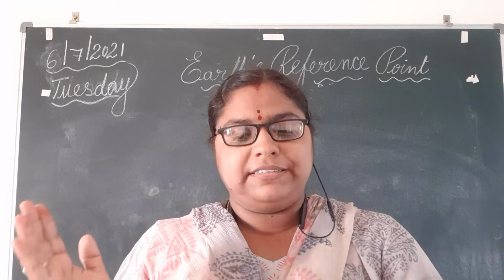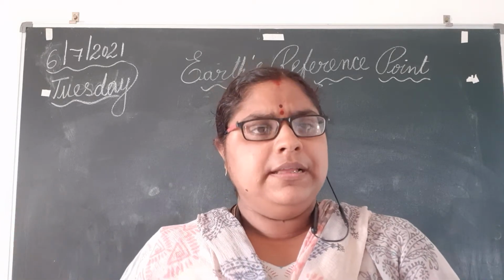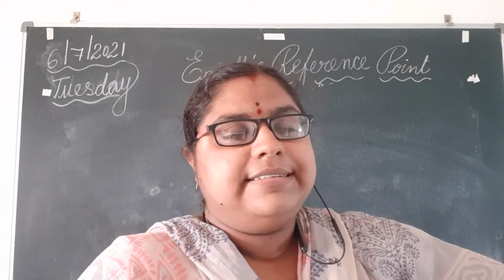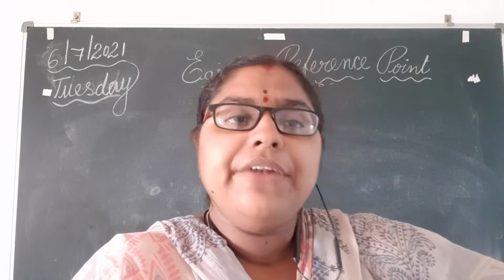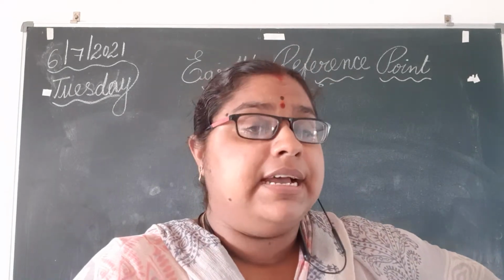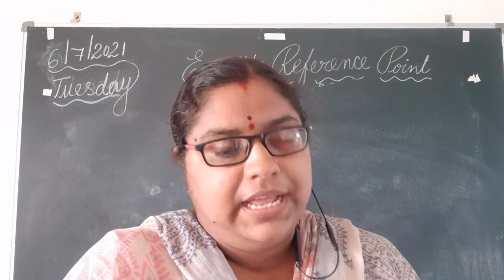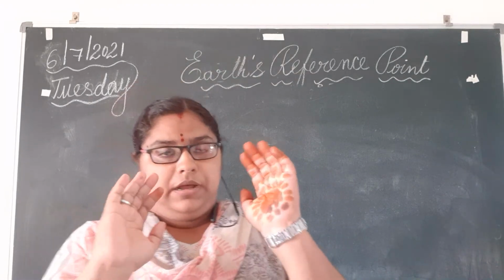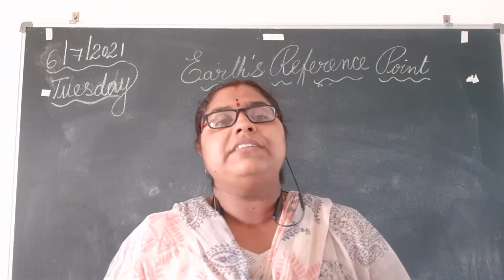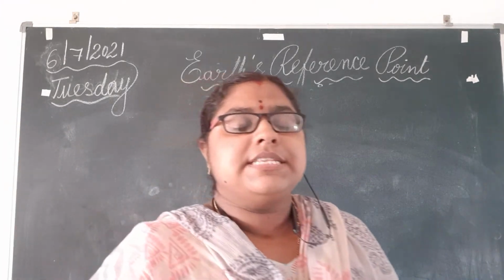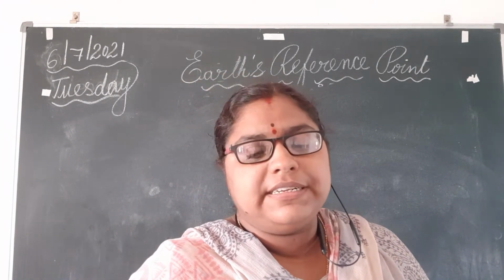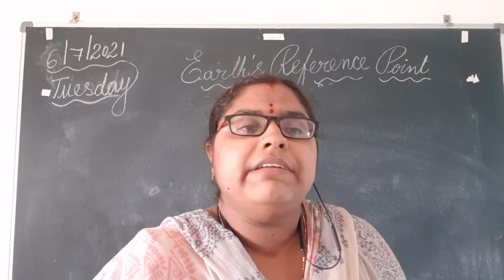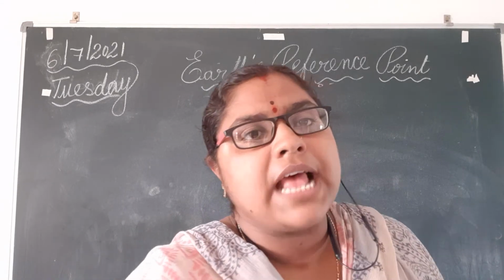So first the eastern parts will experience the sunrise, as the sun rises in the east and sets in the west. Countries like Japan and Australia, which are in the easternmost part of earth, experience the sunrise first. Those who live in eastern parts first experience the sunlight.